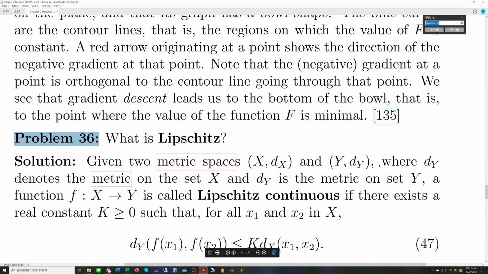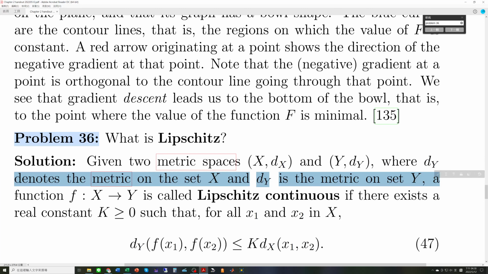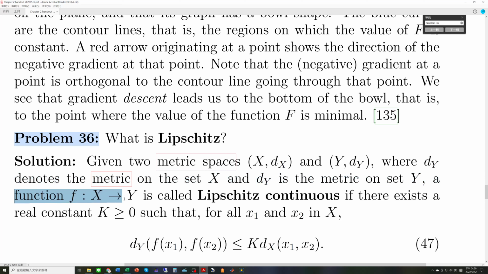Where dX denotes the metric on the set X and dY is the metric on the set Y, a function f: X to Y. Do you know the meaning of f colon X to Y? It means that f is a function, X is the domain of f, and Y is the range of the function f.